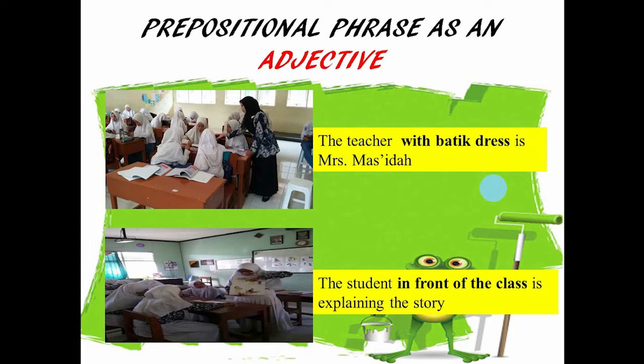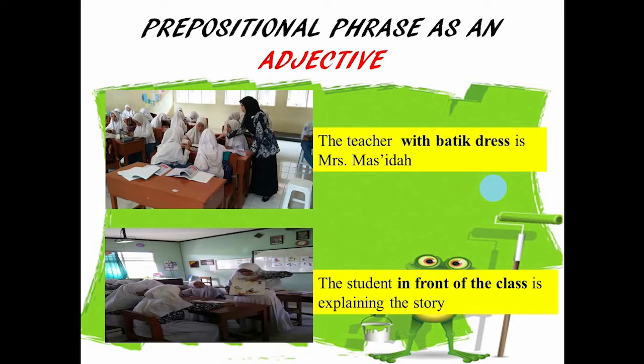Jadi di situ with batik dress menjelaskan tentang the teacher. The teacher yang mana? Itu loh the teacher yang menggunakan baju batik. Itu adalah Bu Masida. Jadi, with batik dress disebut prepositional phrase as an adjective karena menerangkan the teacher, yaitu noun.